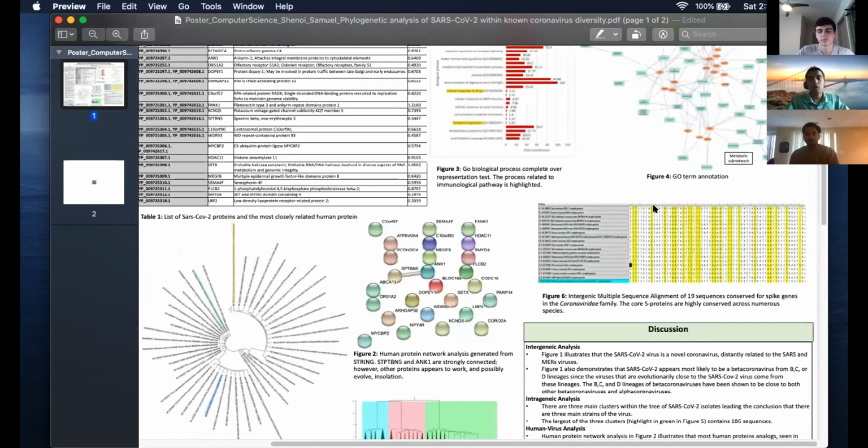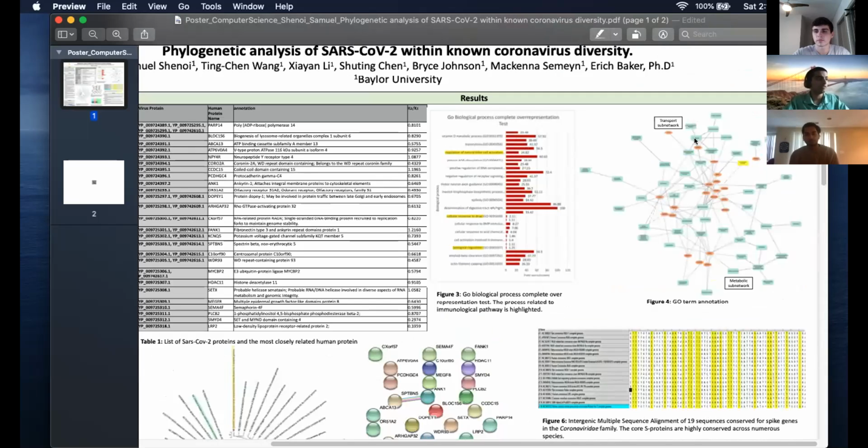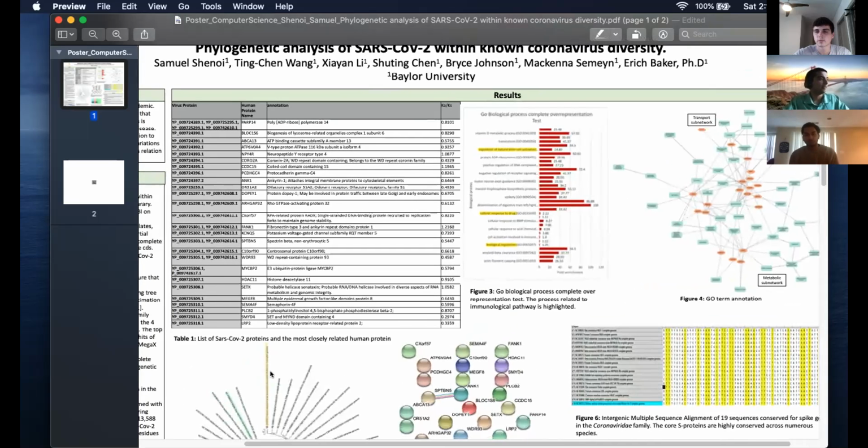Finally, for our protein analysis, in this table we see the results of the reciprocal BLAST that got us our proteins. We can see that there were many viral proteins that mapped to one or two proteins, and I think we identified around 26 different viral proteins.